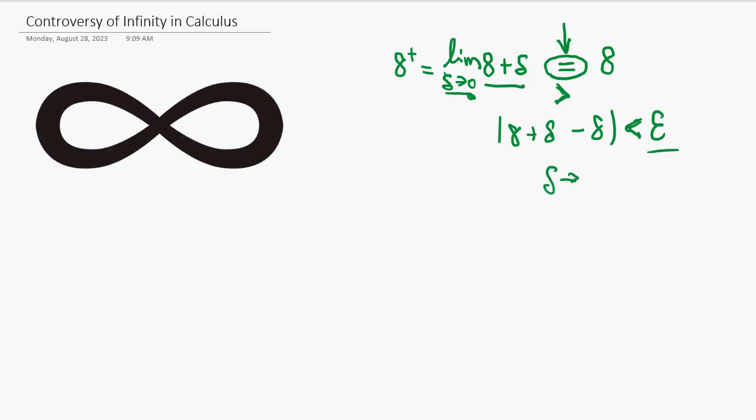I move delta closer to 0, then I can make this epsilon, the number you quote, even smaller, and I win. So I can say this is equivalent to 8. We can say definitely this is equivalent. But delta going to 0 is kind of weak.